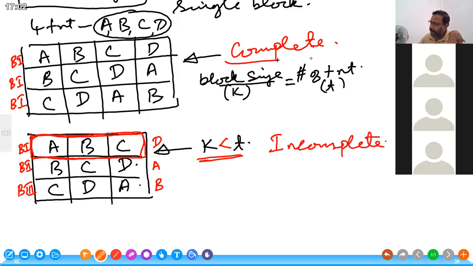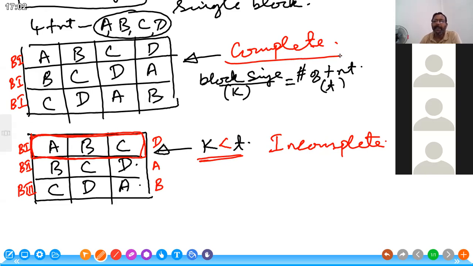Complete means all the treatments are present in a single block. So that is RCBD. Incomplete means all the treatments are not present in a single block. There are different types of incomplete designs.